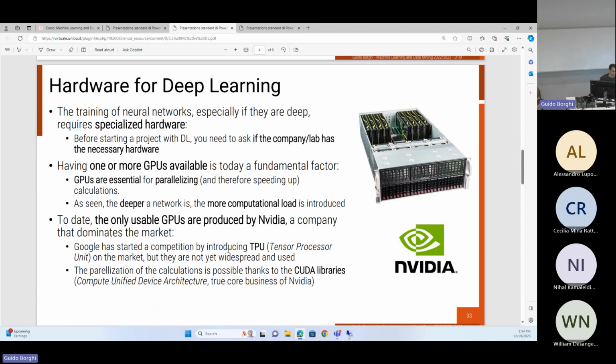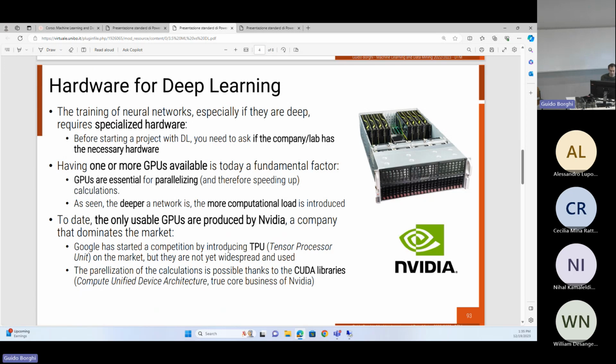Without GPUs, remember that you cannot train a convolutional neural network. GPUs are essential for parallelizing the computational load. And remember that if we add layers in our convolutional neural network, and also if we add neurons, we also increase the computational load of our network. So we need more powerful GPUs.